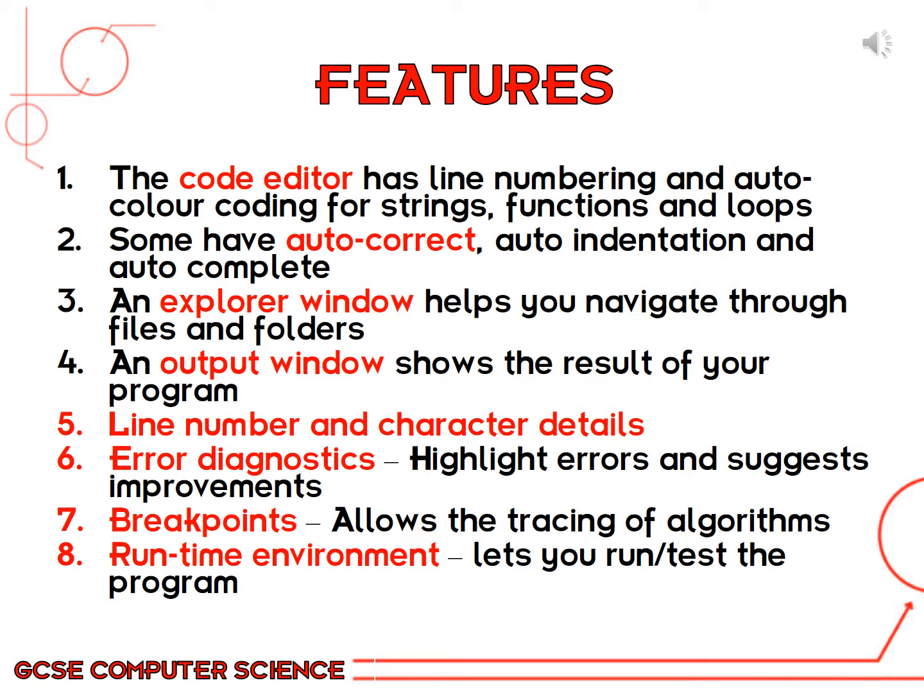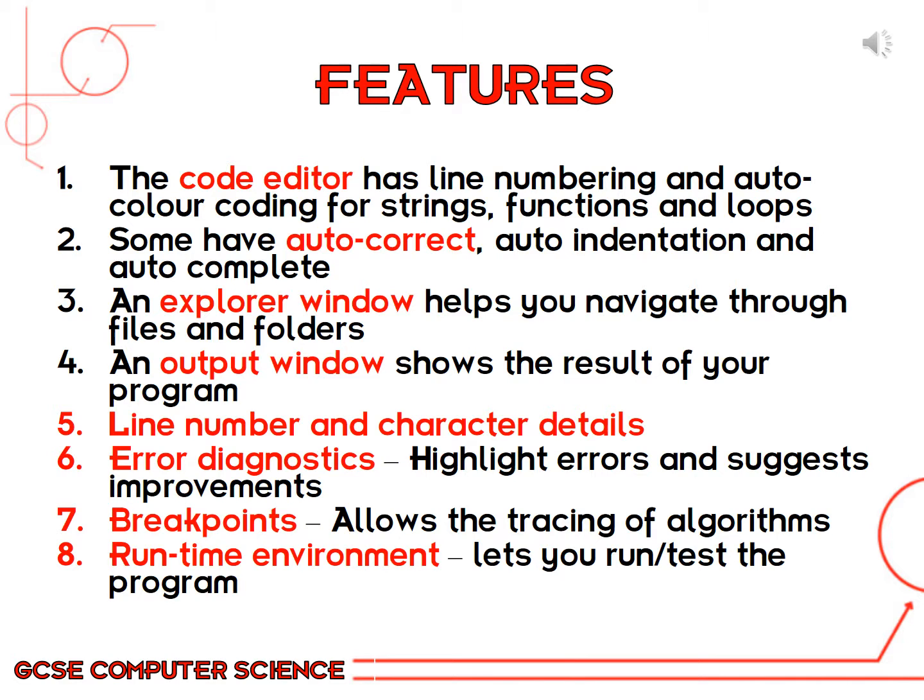Different IDEs have different things, where if you start typing and you make a slight mistake, it will automatically correct it for you. Auto indentation is when it moves the code into the right layout when you press enter. Autocomplete is as you start typing a word, it might allow you to fill it in just by clicking on it. An Explorer window helps you navigate through all your files and folders.